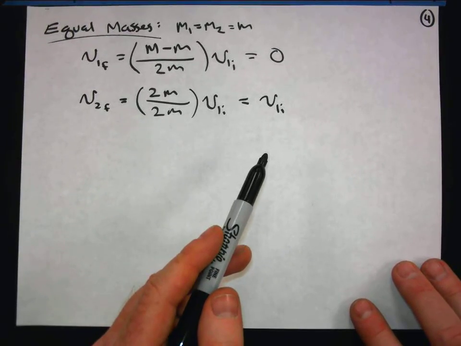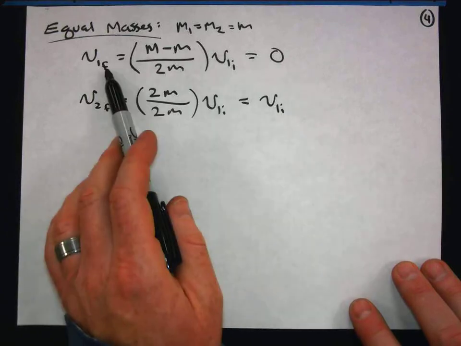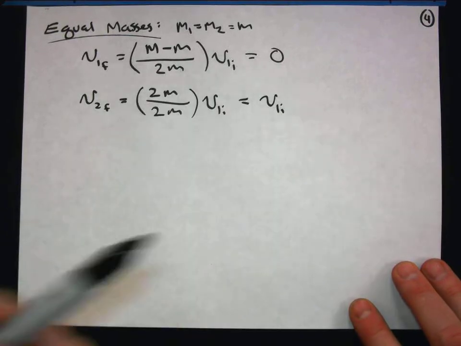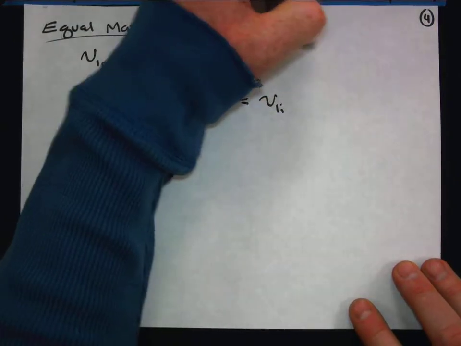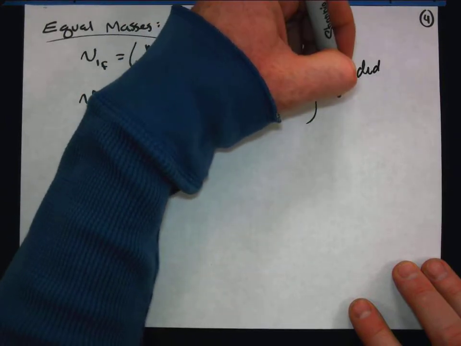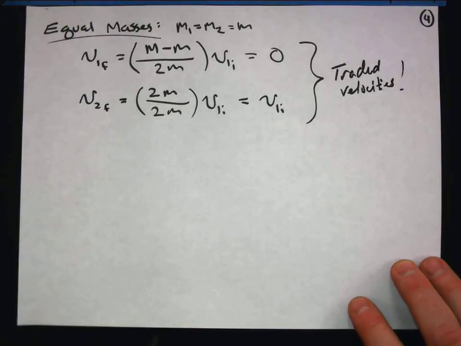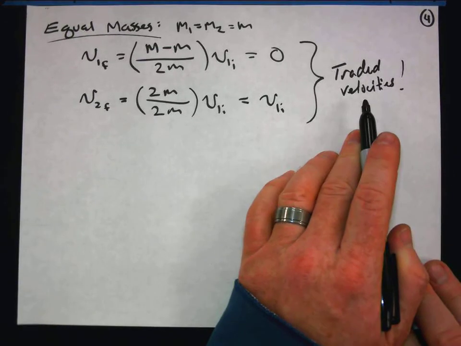For this situation, object 2 had an initial velocity of 0. Now object 1 has a final velocity of 0. We saw the trade. Not scientific, but we can understand this easily.